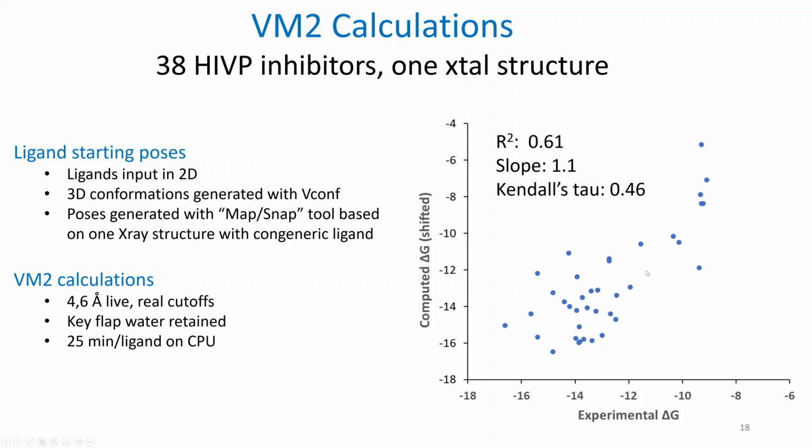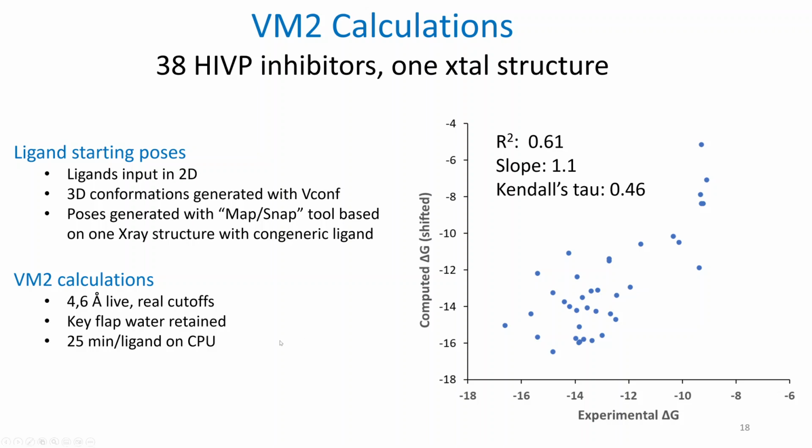So there, what you're doing is using the known conformation of the scaffold of one of the compounds in your series in the binding site to automatically map all the other ones in there and prepare for a nice uniform set of VM2 calculations.